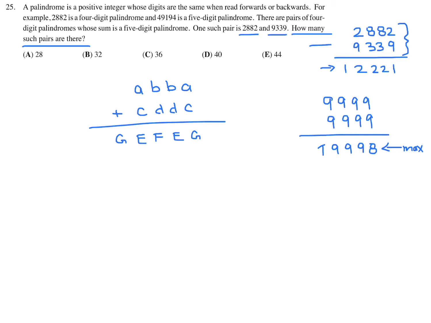Therefore, the maximum value for this first digit is a 1. You can never get anything greater than a 1. Can you get a 0? Well, you can, but if you put 0 there, it's not a 5-digit number anymore. We want a 5-digit number that's a palindrome. So that basically means that this G is a 1. That's the only way this can work.